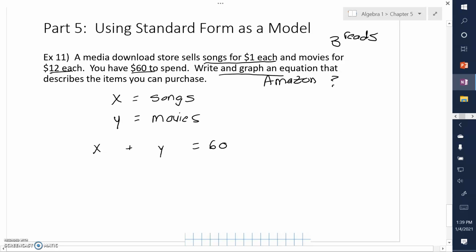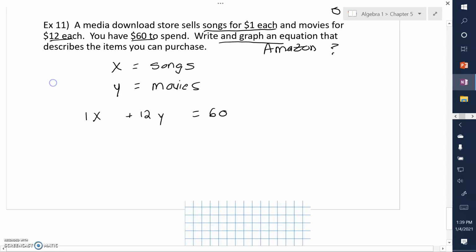A song is $1 each, so I'm going to put a coefficient of 1 there, whereas a movie is $12 each. So if I buy one movie, I'm spending $12, and if I buy 2 movies, that's $24. So that's why I use that as a coefficient. So now my equation is going to be x plus 12y equals 60. That's my equation in standard form.